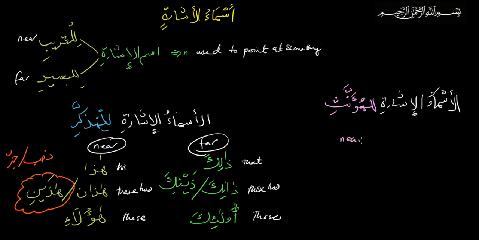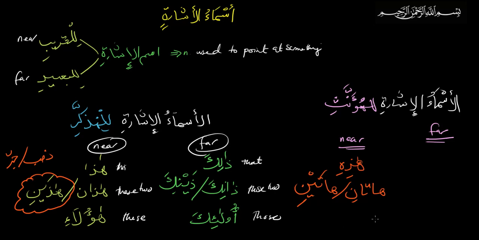And here again you have near and then you have far. So for near, هذه، هاتان، هاتين، and هؤلاء.